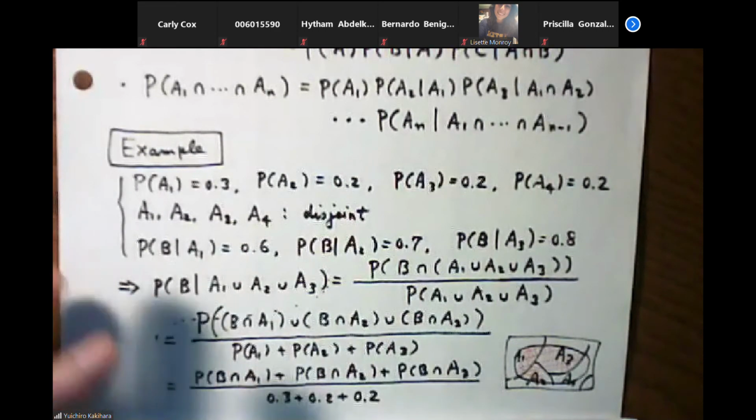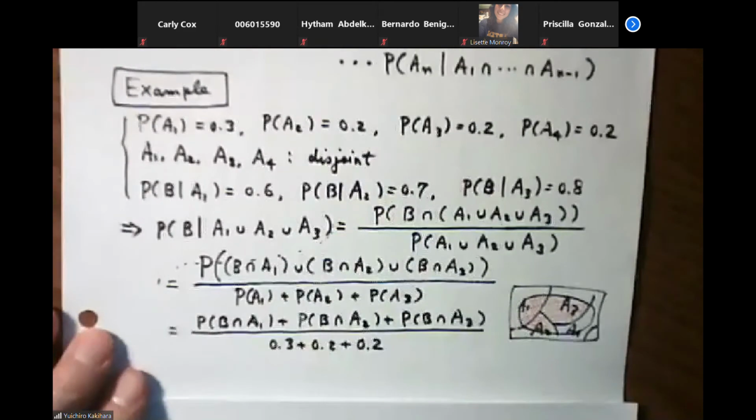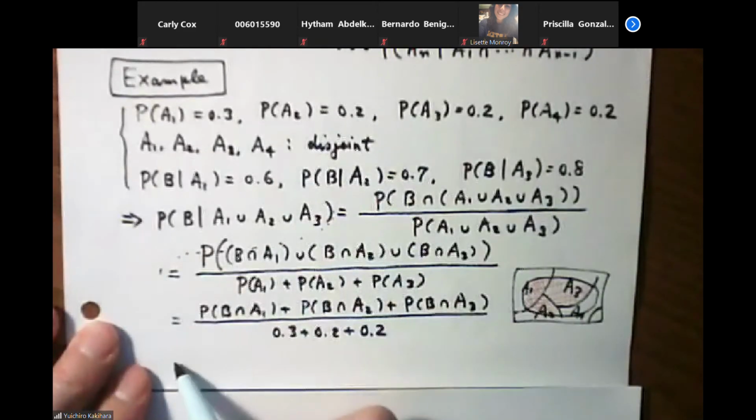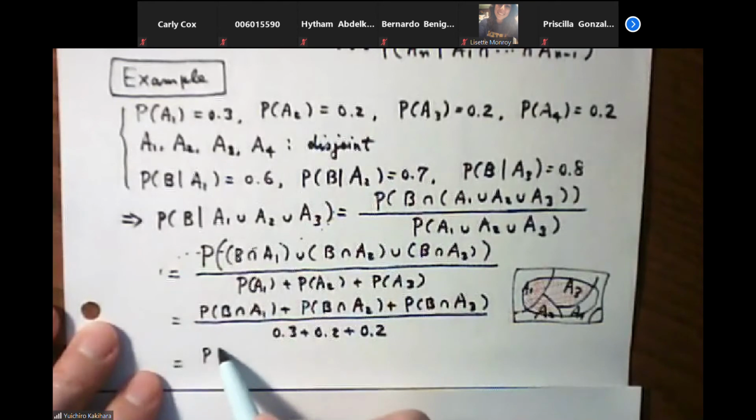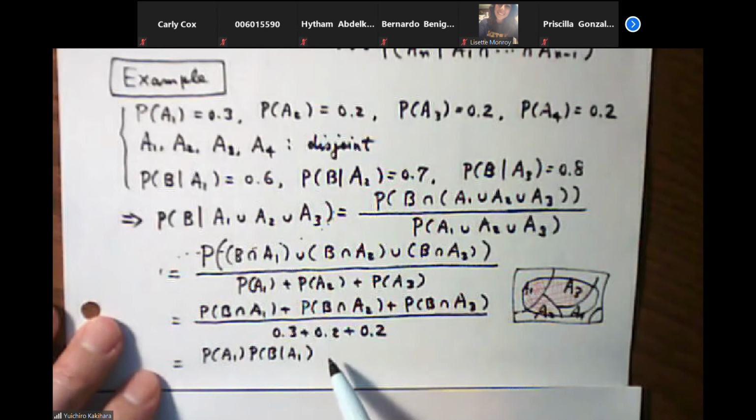So we can write this as the probability of A1 times the probability of B conditioned on A1. We can write this as the product of these two by the multiplicative rule.